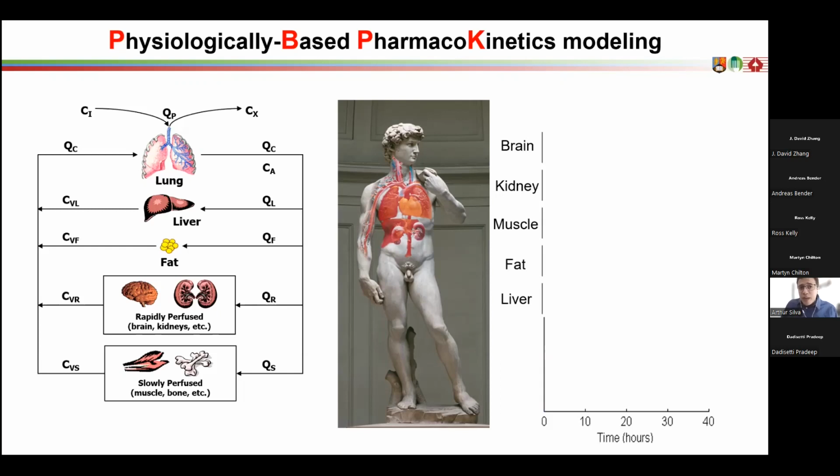But initially, we can remove the liver from the rapidly perfused compartments because of its major metabolic capability, as well as the fat compartment. We can remove it from the slowly perfused compartments because the vast majority of chemicals in the environment are lipophilic, and they will eventually accumulate in the fat compartment.